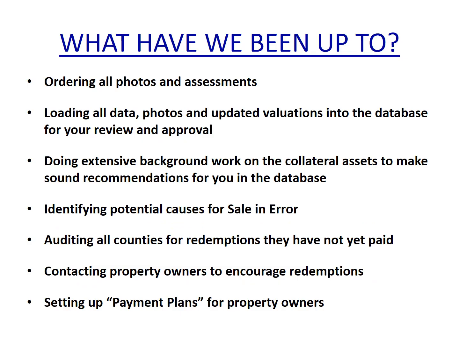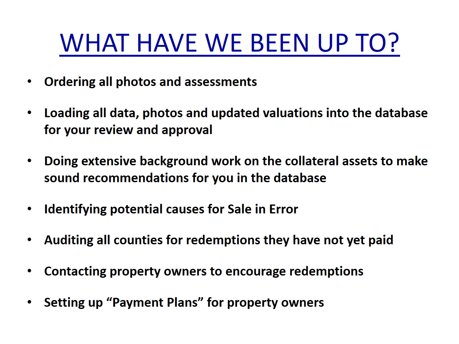Okay, so what have we been up to since we initiated this process back in November? We've been up to a lot, actually. We've ordered all the photos and assessments. We've been loading all of this data into the database for your review and your approval, so we can take those next steps. We've also been doing a lot of background work on the collateral assets, so we can make good recommendations for you.